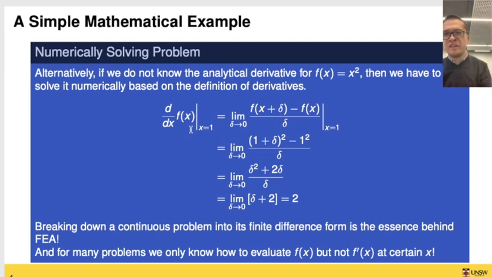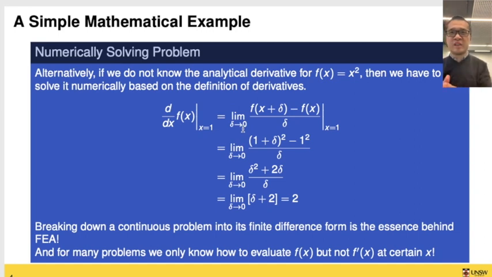For example, at a given x, I can always increment x by a small number delta. Now I can calculate the functional value at x plus delta and at x, and divide the difference by the increment in x, which is delta, and I evaluate this whole expression at x equal to 1. Of course, this expression only gives the derivative at x equal to 1 if you take the limit as delta goes to 0.